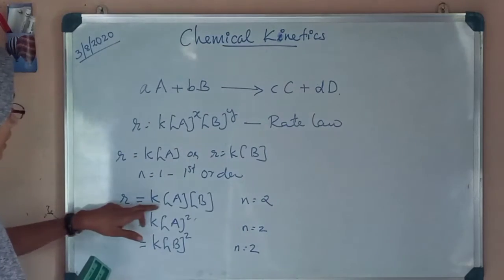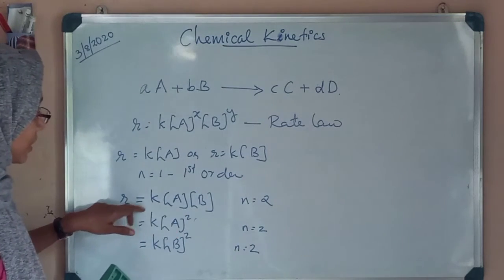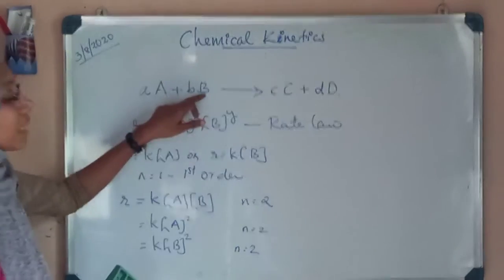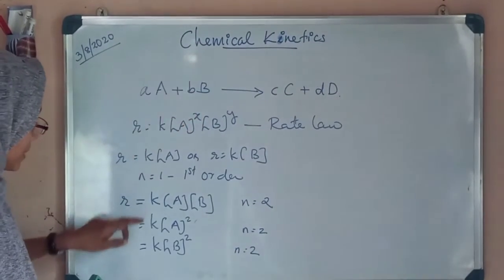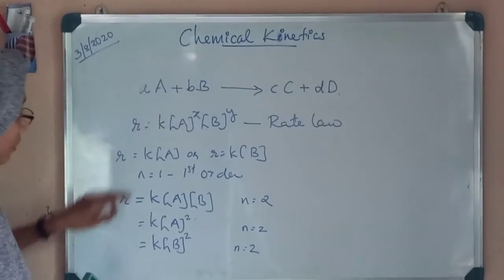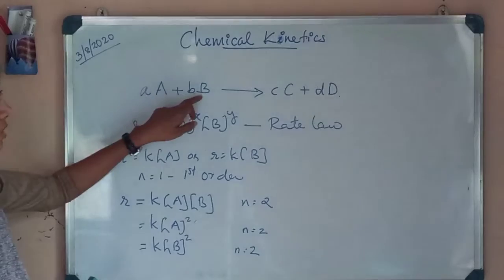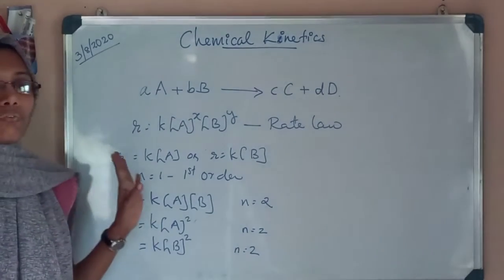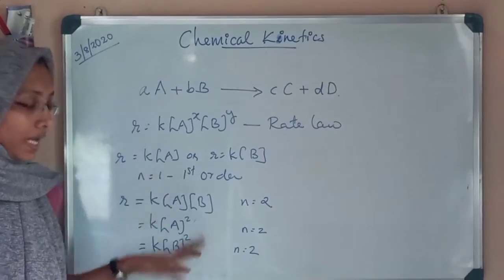It means that in such a condition, the rate depends on the concentration of both the reactants A and B. In some cases, even though there is a second reactant, the rate of the reaction does not depend on the concentration of the second reactant. It depends only on the concentration of the one reactant.